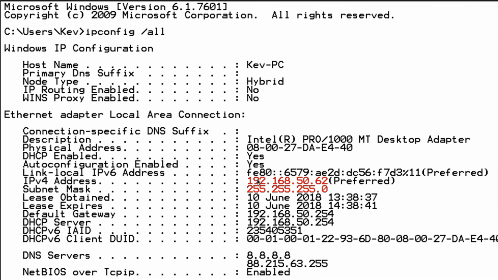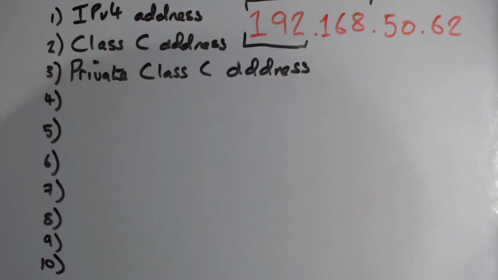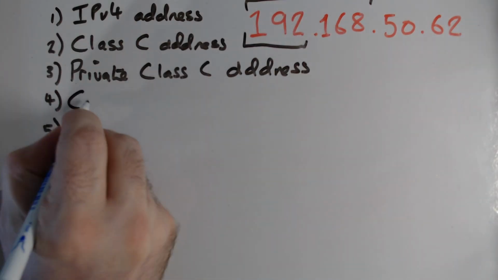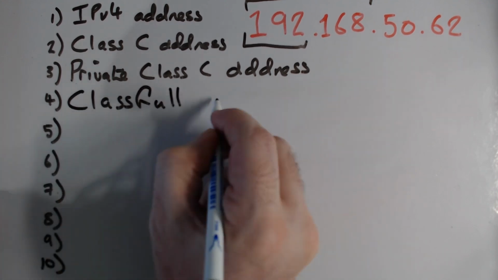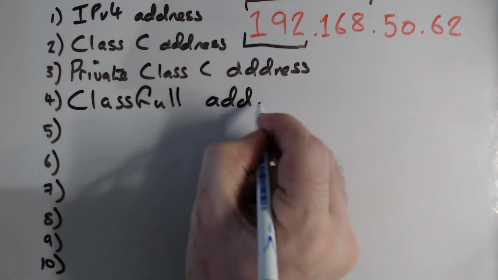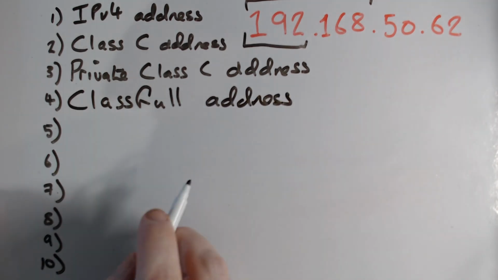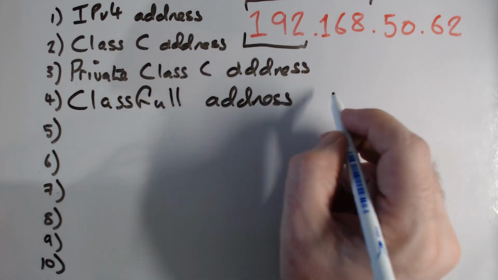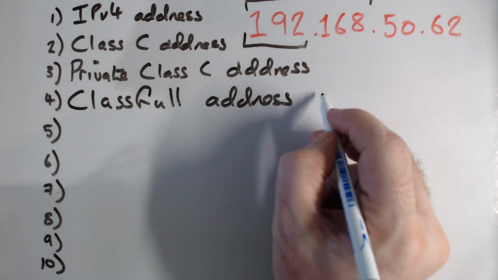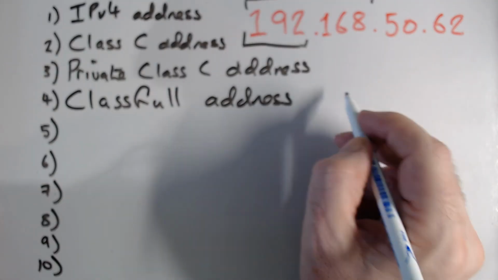So there is one more thing we can say, and that is this is a classful address. I'm not sure whether classful has 2 L's or 1 L, but anyway, this is a classful address because it's a Class C address, and it's using the Class C's default subnet mask of /24.